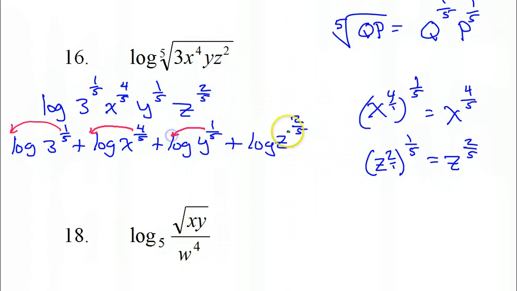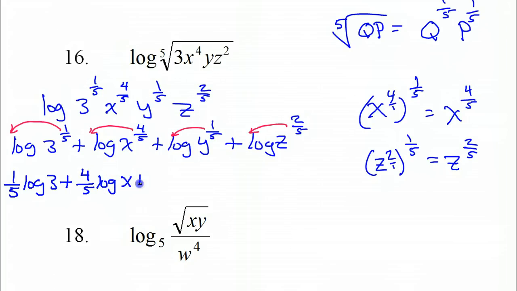Okay, so that's why your final answer is going to be 1/5 log 3 plus 4/5 log x plus 1/5 log y plus 2/5 log z. And that, my friends, is the final answer.